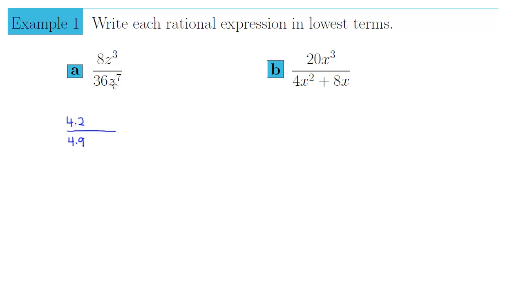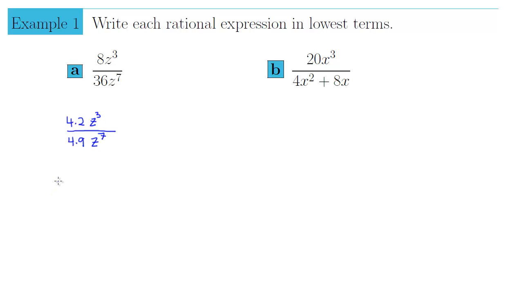Z cubed over z to the 7th. Now notice z cubed simply means 3 z's multiplied together on the top, and z to the 7th simply means 7 z's multiplied together, and we can also cancel those 3 z's from top and bottom by using the quotient rule.